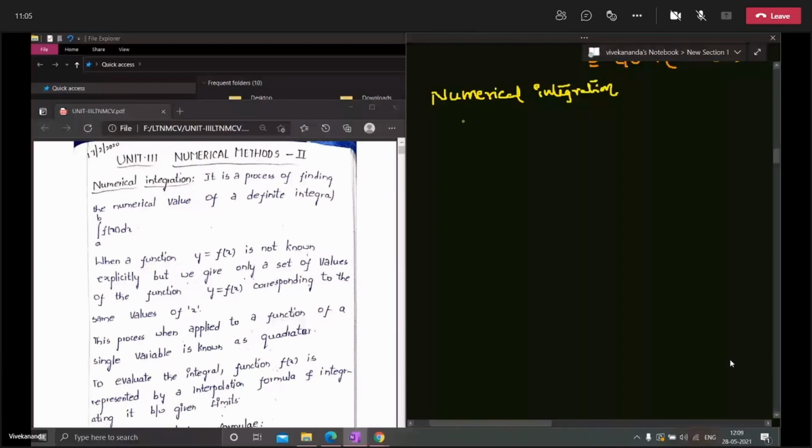Numerical integration. I think this topic you might have covered at intermediate level. That is the trapezoidal rule, isn't it? Trapezoidal rule. And the Simpson's 1/3 rule.